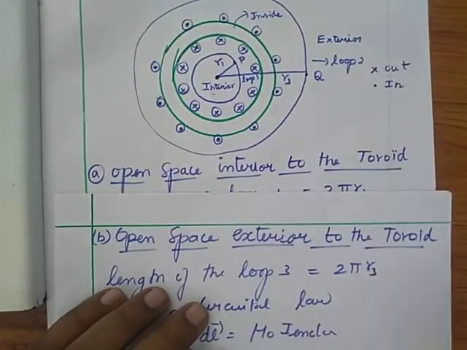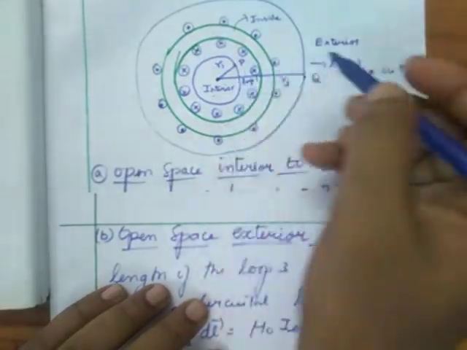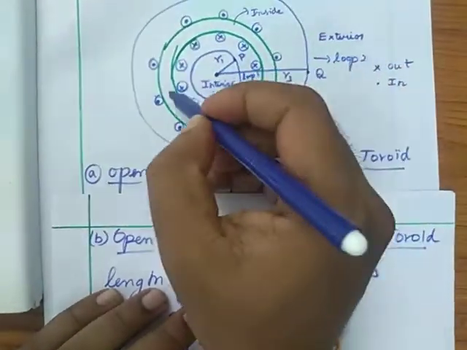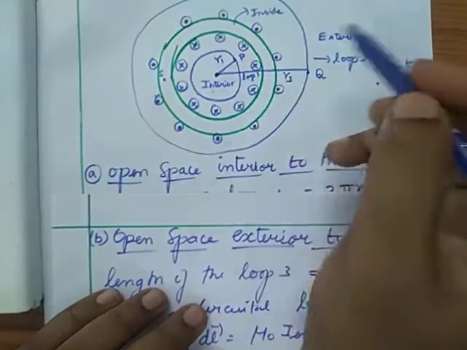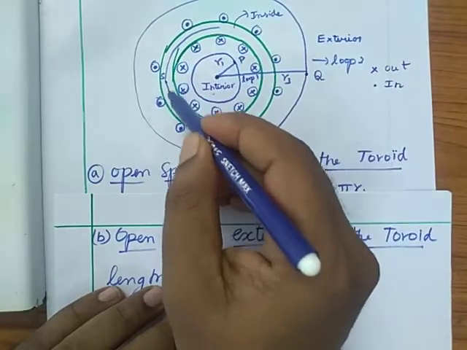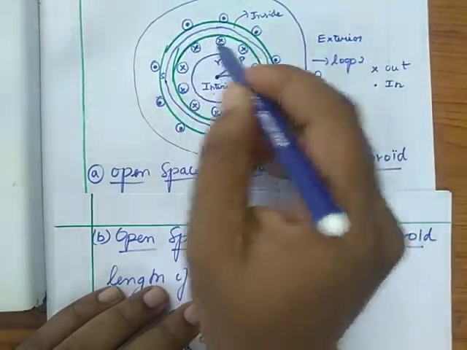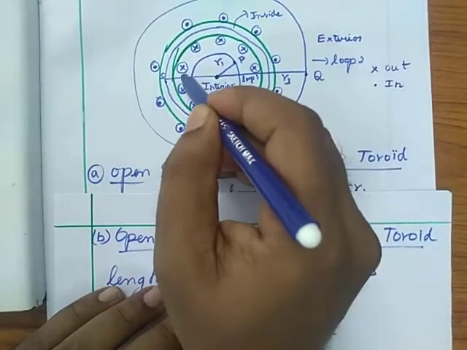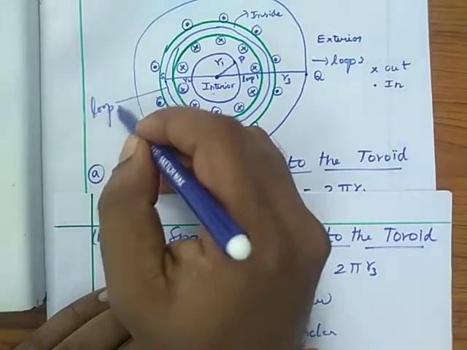Here I consider a point inside the toroid, suppose here, that is named as S. Then I draw an Amperian loop, that is a circular Amperian loop of radius R2. This loop is named as loop 2.